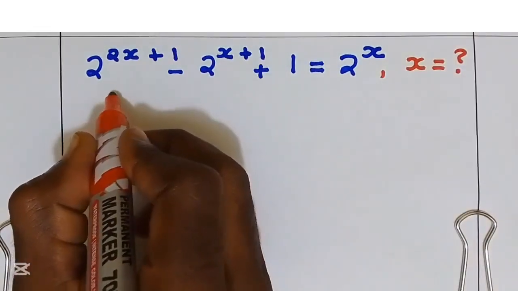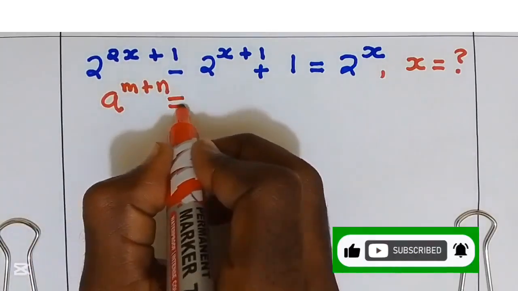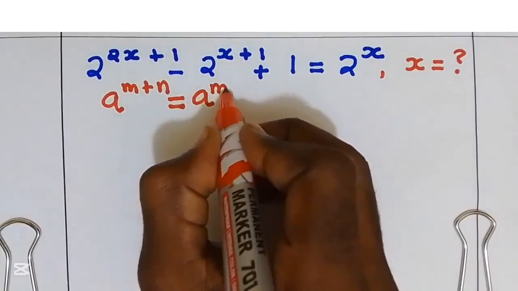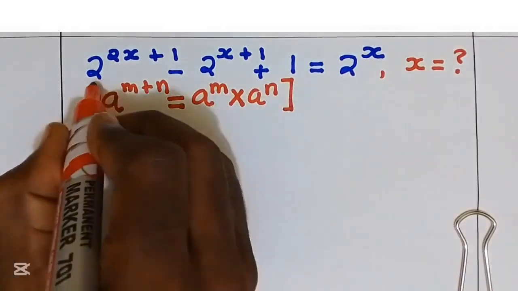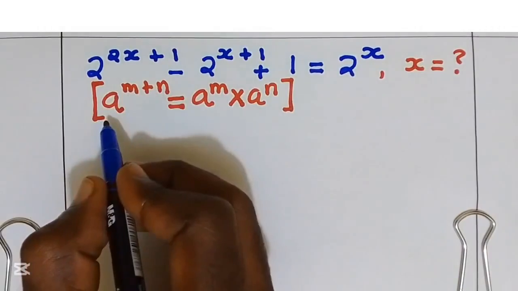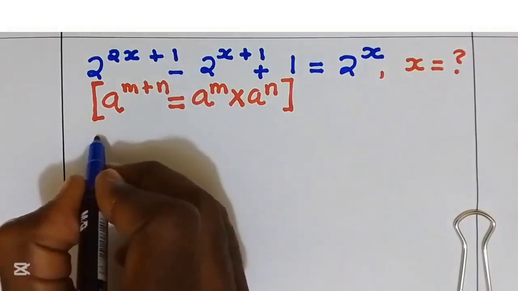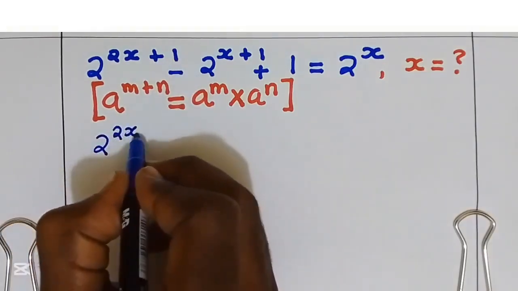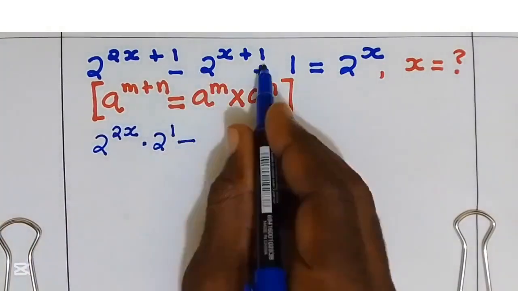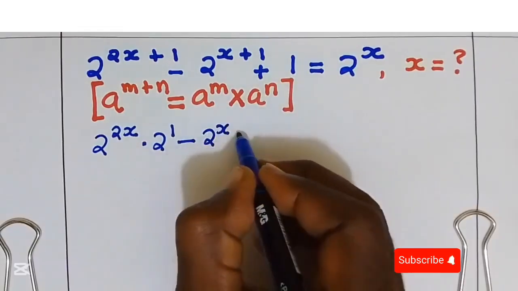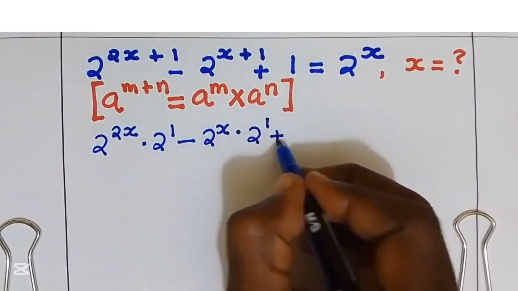We know a power m plus n is equal to a power m multiplied by a power n. In that case, now 2 power 2x plus 1 is equal to 2 power 2x multiplied by 2 power 1, minus 2 power x multiplied by 2 power 1, plus 1.